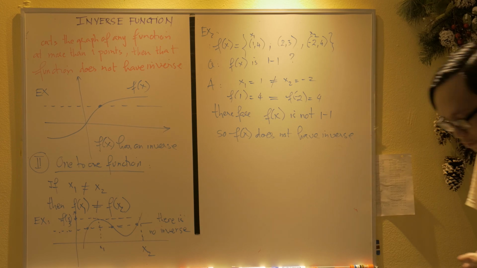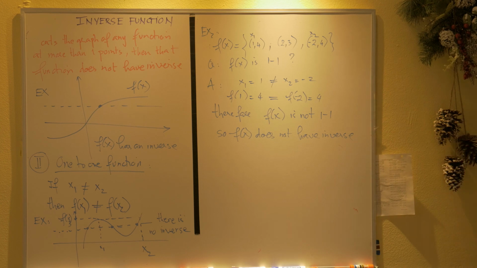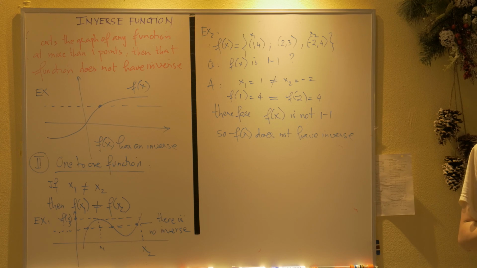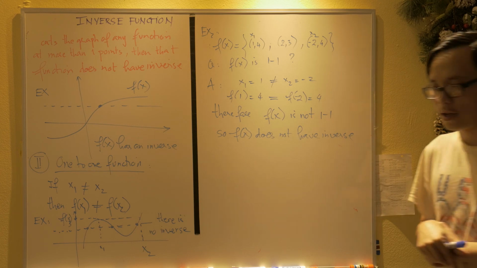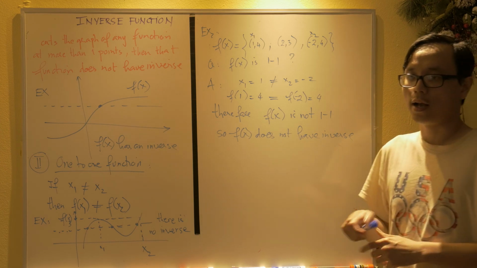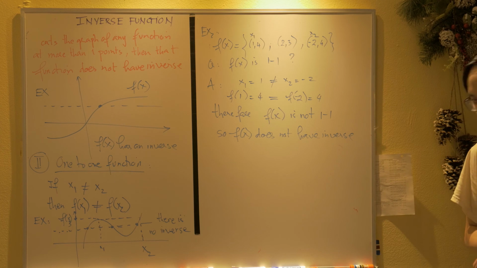Okay. So I want you to take a look at the first graph I drew. You see that in order to get the inverse of the function, you just need to graph it over the line y equals x.